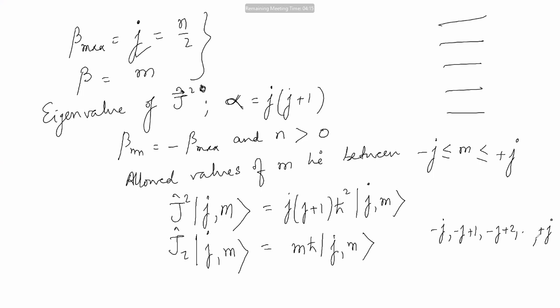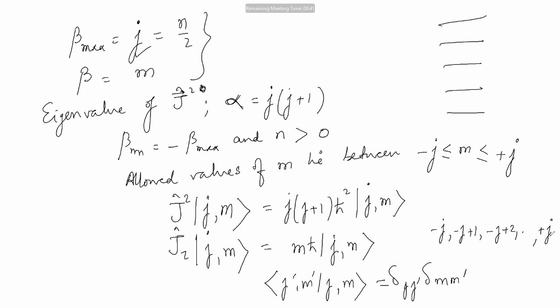And here also we must write that these states are orthogonal. That means j prime m prime with jm must be equal to delta jj prime times delta mm prime.